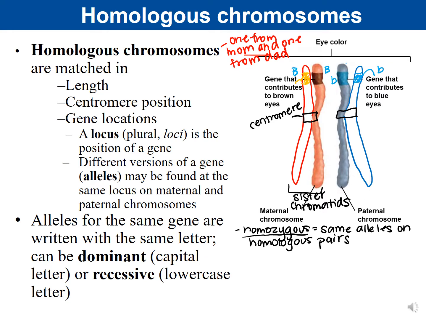Like if somebody had two brown-eyed genes, we would say that they are homozygous for eye color. They have two of the same alleles. So homo, like think of homosexual, somebody who likes the same sex. So homozygous means they have the same alleles. So then what do you think heterozygous refers to?